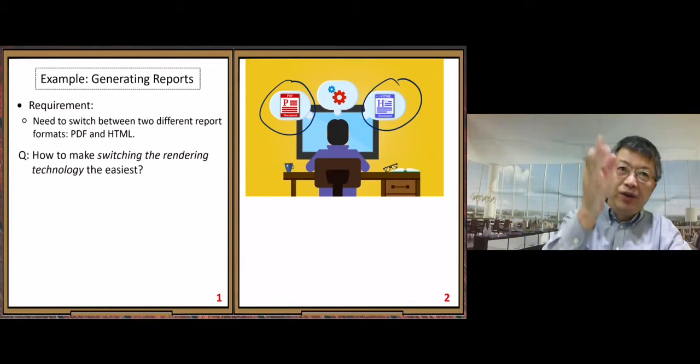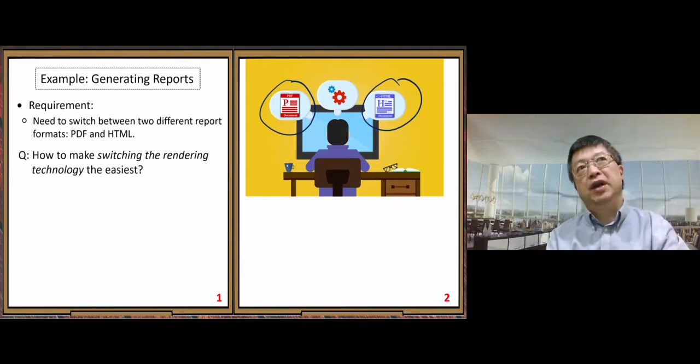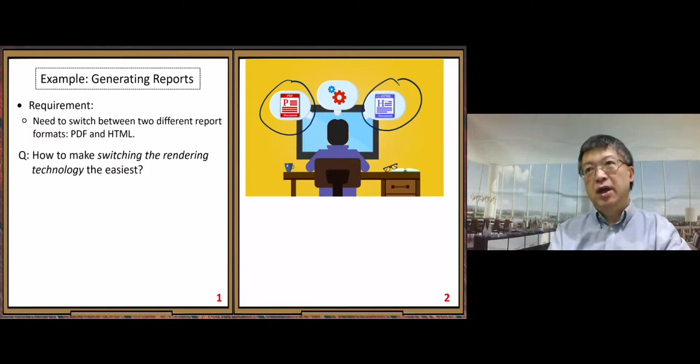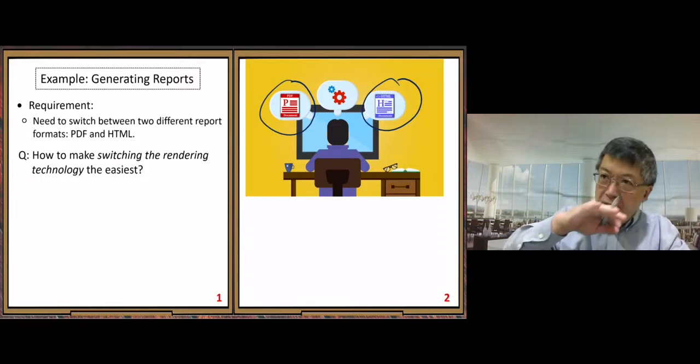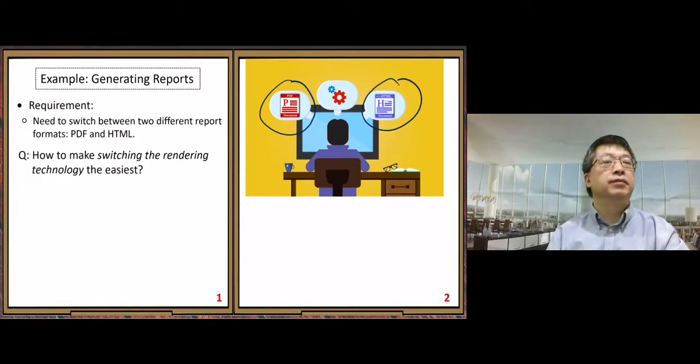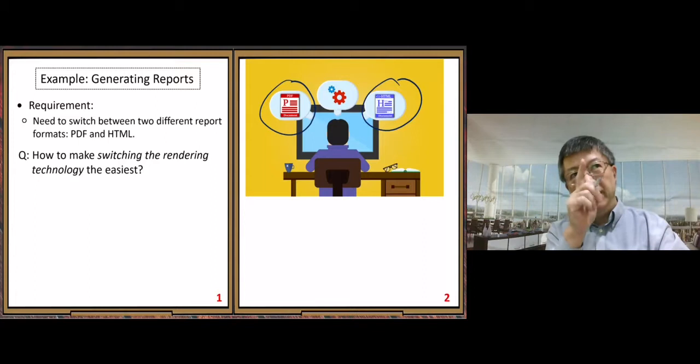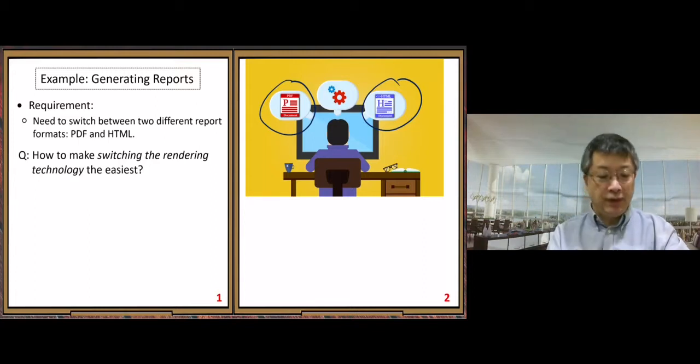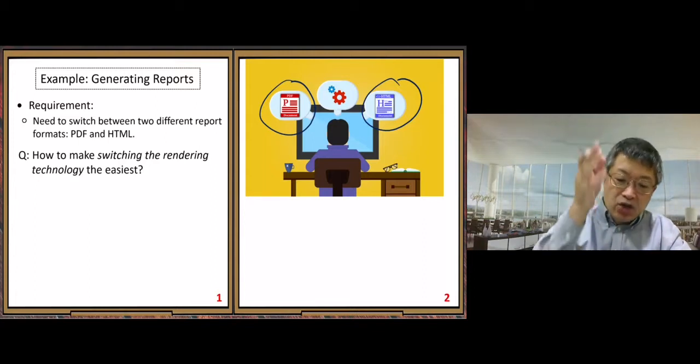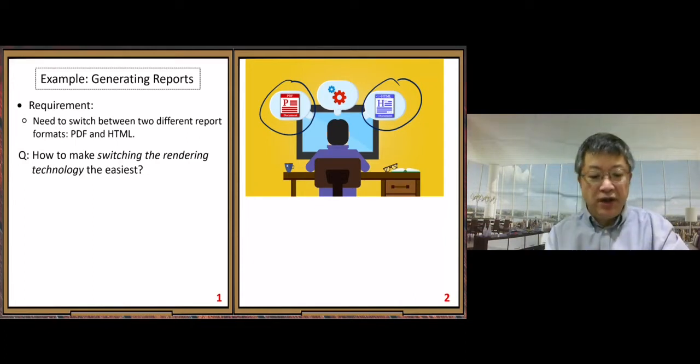Now, we want to look at a solution. When we consider a solution, first we start with the simplest solution. Then we try to make it better and better. So for this part, we only look at the first solution: how to make switching the rendering technology the easiest.